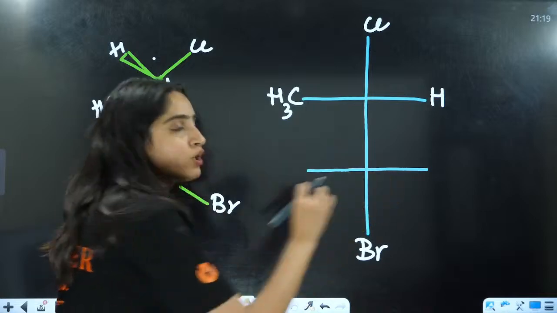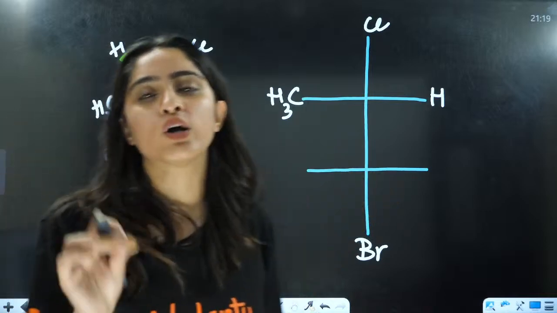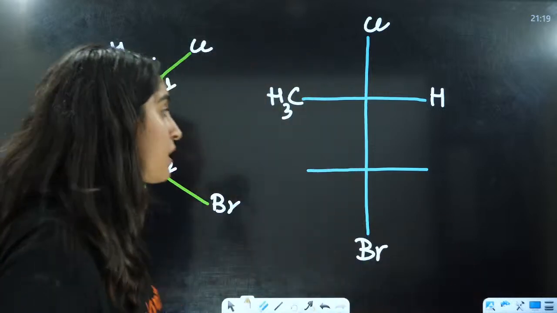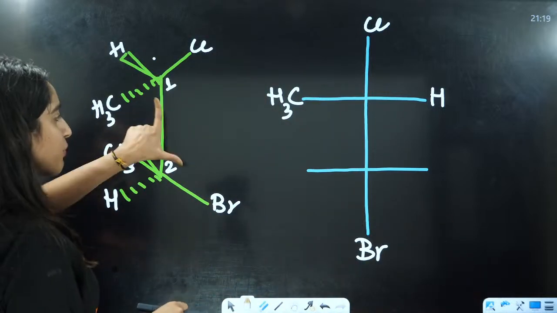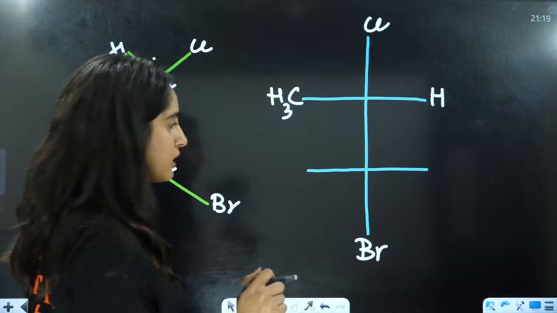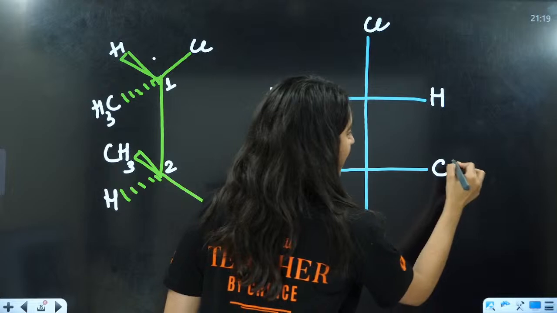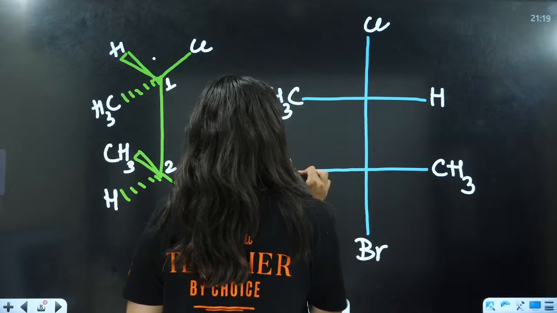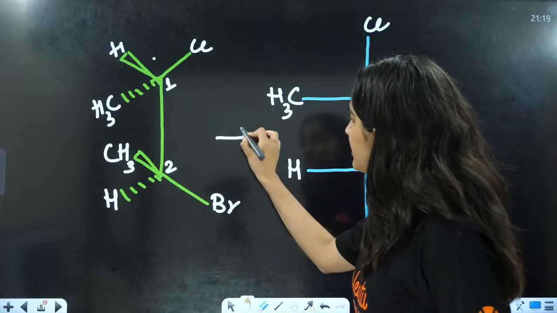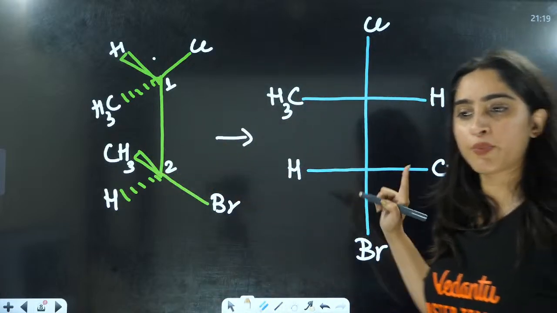And on the horizontal line, you are going to draw the wedges and dashes. The thumb is on the right side, that means the wedge will be on the right side here. That means CH3 will be here and H will be here. So this is your conversion of the wedge dash to the Fisher projection.